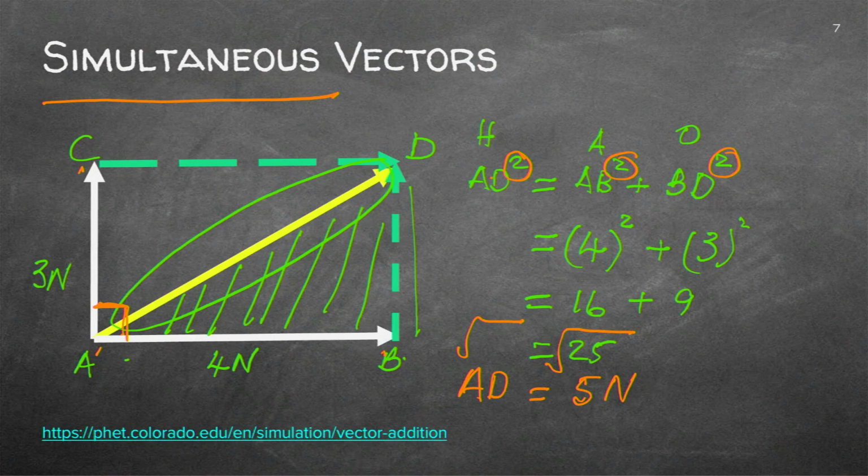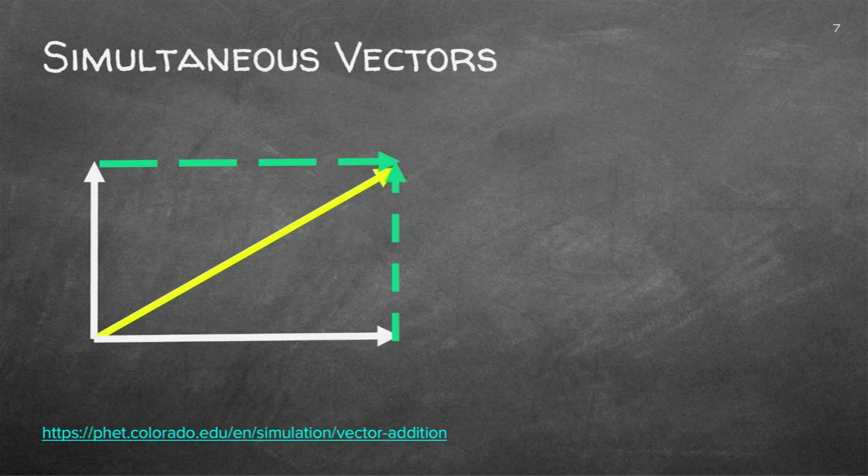I'm going to quickly work out the angle now. So what we have here is an angle there, and I'm saying that's alpha, and I need to determine it. Remember, we calculated that side as 5, this was 4, and this one was 3. So how do I calculate the angle? Well, you have trigonometry.